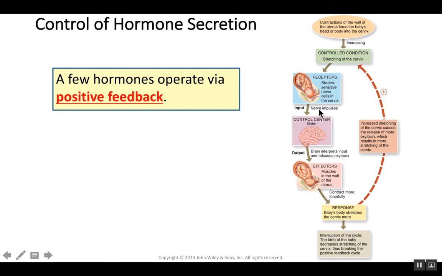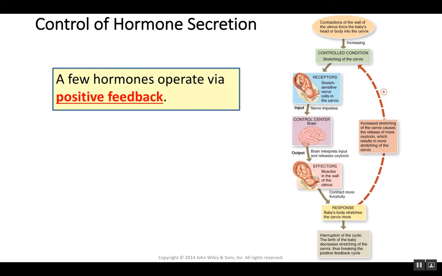And those uterine contractions force that baby down into the cervix even more, which stretches the cervix more. More stretching of the cervix positively reinforces more production of oxytocin. So notice that the result is also stimulating more of that stimulus to occur. So that's called positive feedback.